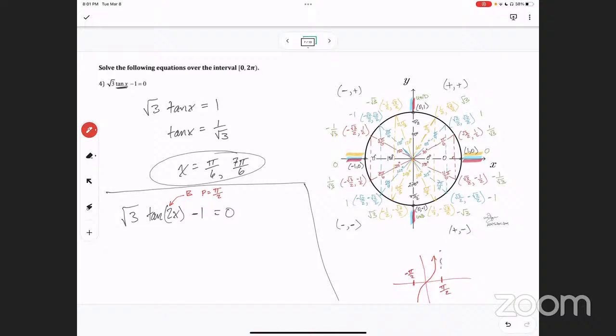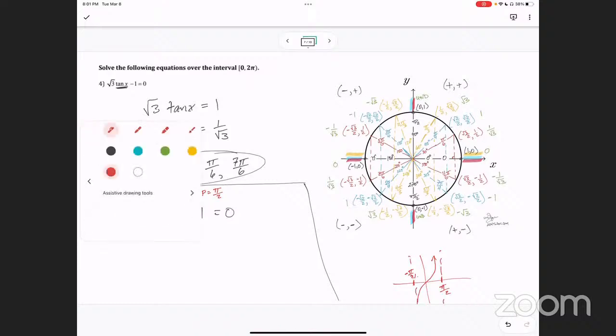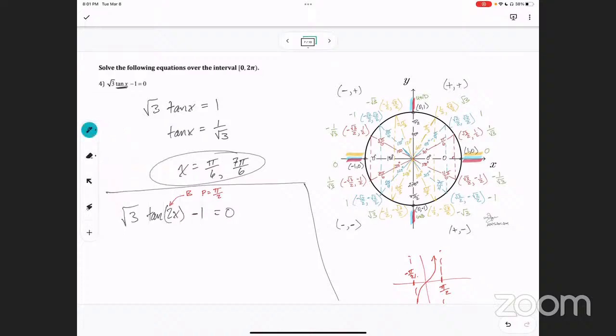Well, now what did I just do to my period? By making the period pi over 2, I just made this. This is my graph now. It's much steeper, and then it goes like this over here. And over here, it goes like this.